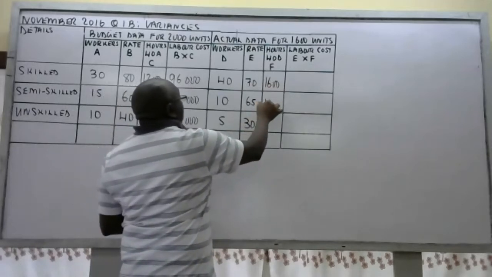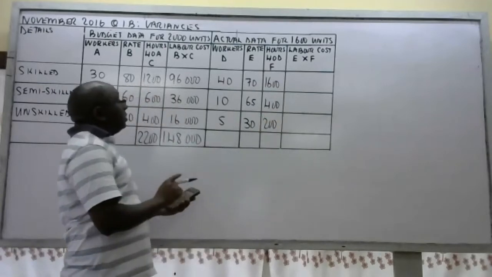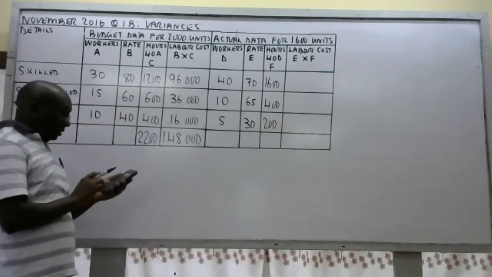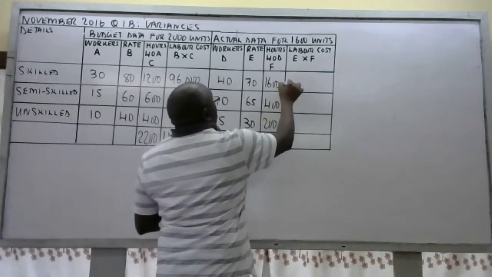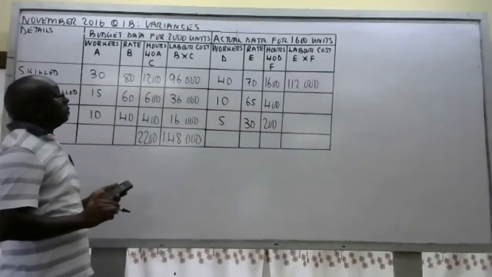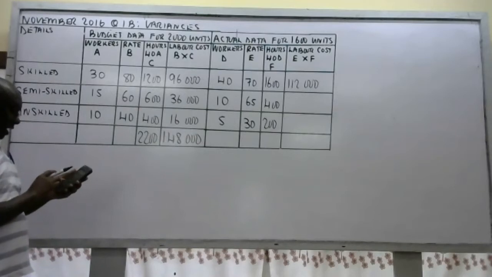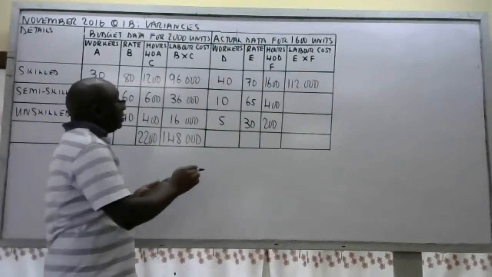This is 400, and this is 200. So 1,600 times 70 is 112,000. Then this other one will be 65 times 400.